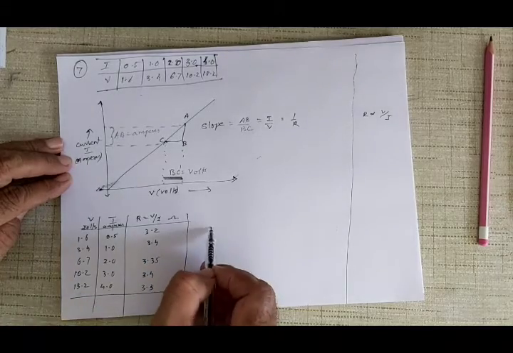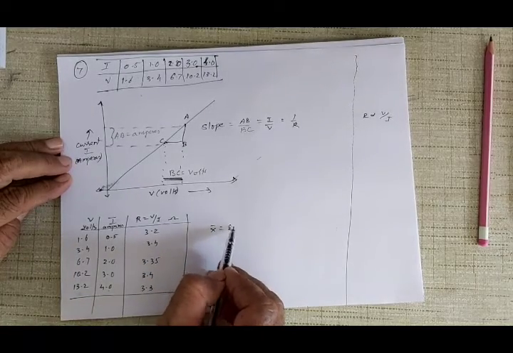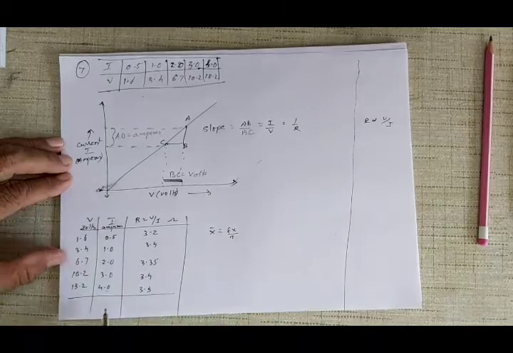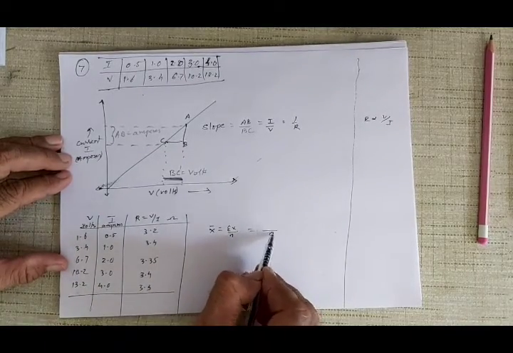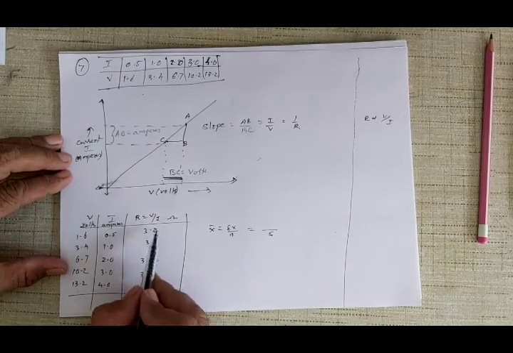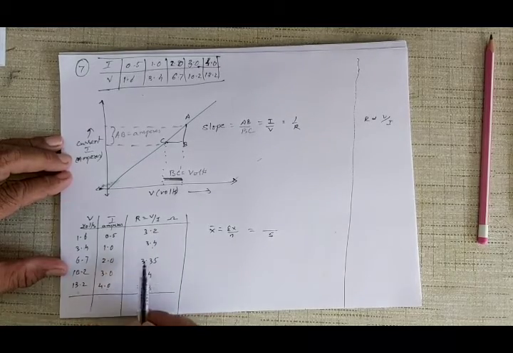अब इसका मीन निकालो, x बार, सिग्मा x अपॉन n। n कितना है, 1 2 3 4 5, और इसका टोटल करो, 3.2, 3.4, 3.35, इसको ऐड करते जाओ.